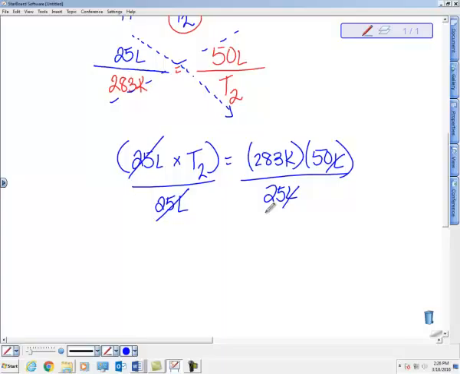Remember, when you solve for this answer, the answer is going to be in Kelvin. So I'm going to take 283 times 50 divided by 25. I've got 566. Remember, this is Kelvin. In order to go to degrees Celsius, we are going to subtract 273.15.